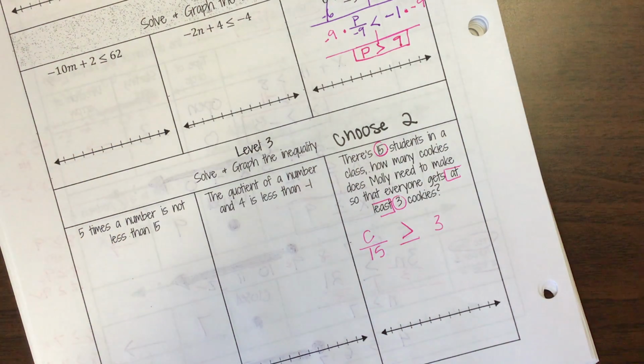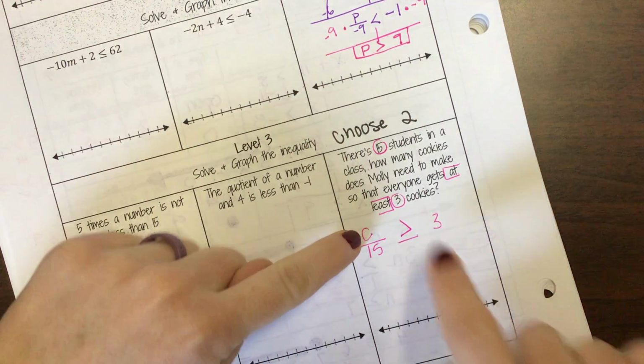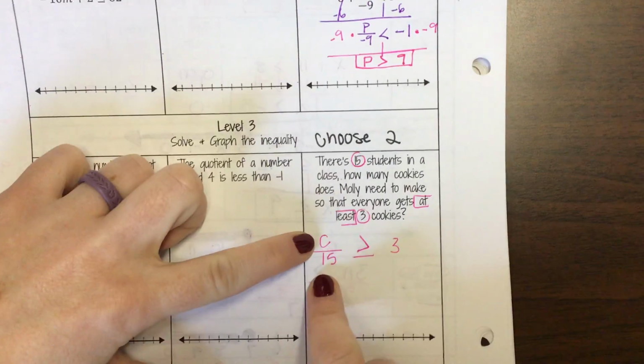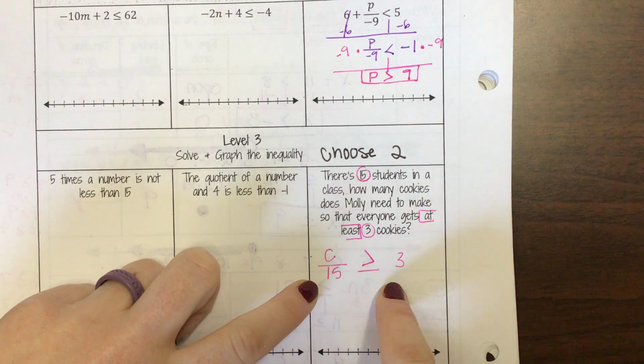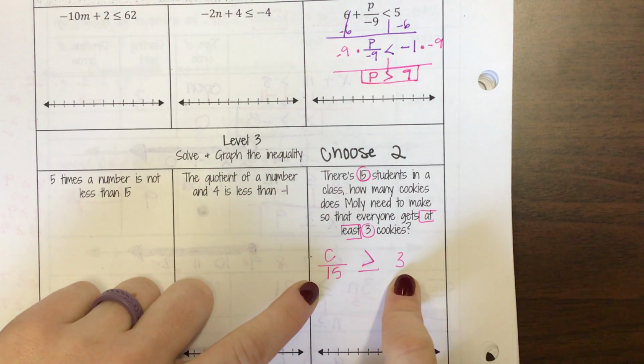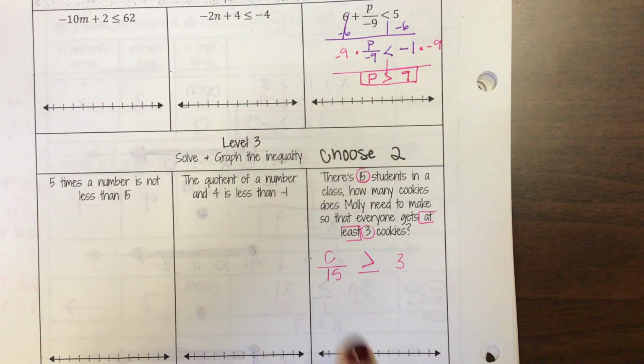Or equal to, because we also have an option of getting just 3. Okay, so I'll let you solve that one. But we took the total number of cookies she needs to make, divided by how many students they're going to be distributed to, then everyone gets at least 3. So everything has to be greater than or equal to 3.